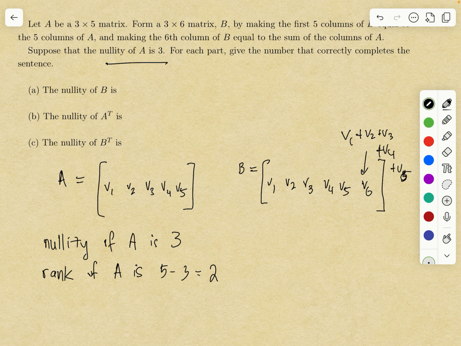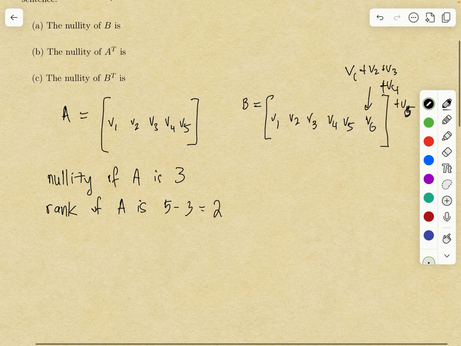That means that A has a maximum of 2 linearly independent columns, and then it has 3 columns, which are linear combinations of those 2 columns. Now, if you look at B, B is a 3 by 6 matrix. It has 6 columns, but notice that the last column, V6, is a linear combination of the 5 vectors V1 through V5.